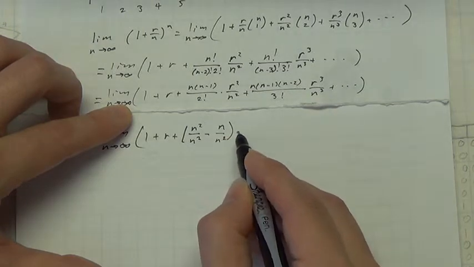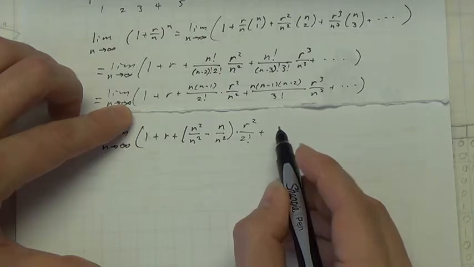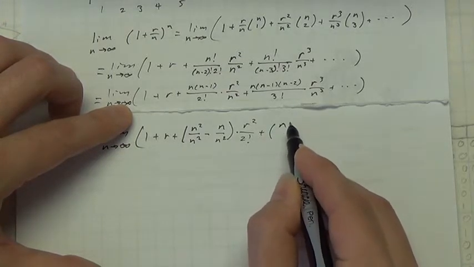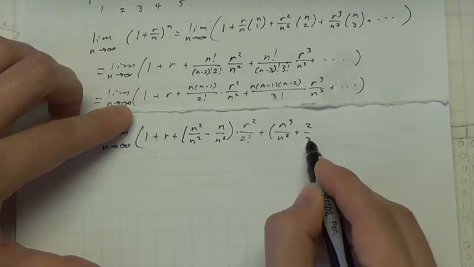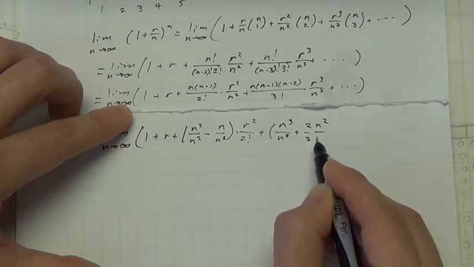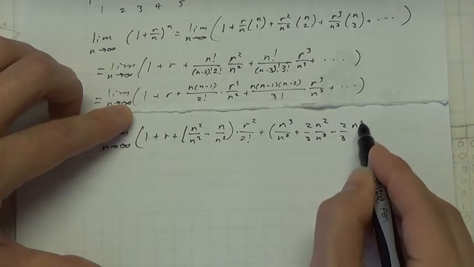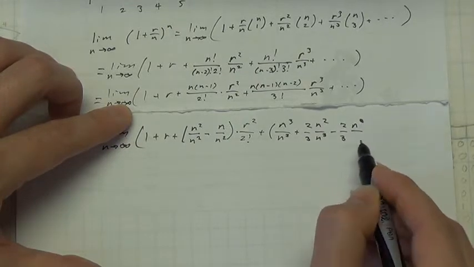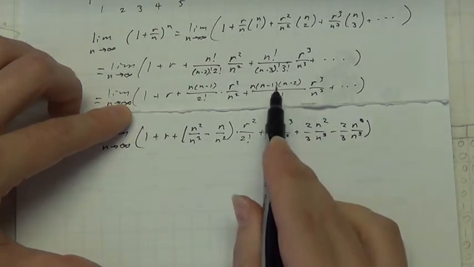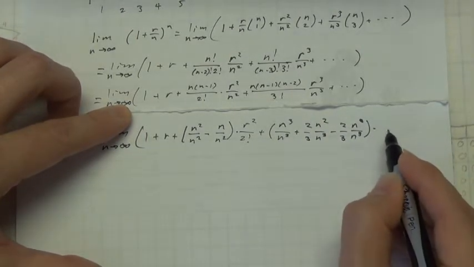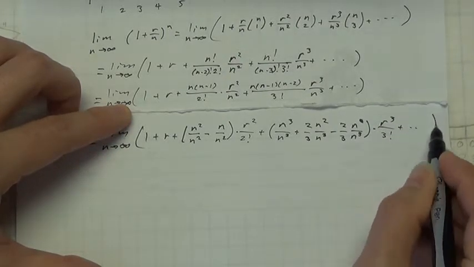R squared over 2 factorial plus n cubed over n cubed minus 3 n squared over n cubed plus 2 over n cubed. I worked this out ahead of time. Don't worry if you're not able to follow that, but I do invite you to check. R cubed over 3 factorial, and so on.